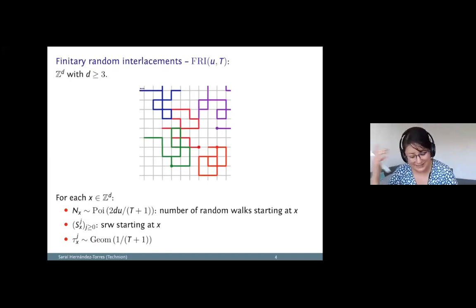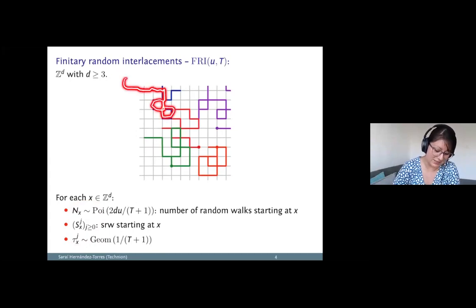And everything is very nice, except for a very annoying detail. Let's say that I just want to know how my finitary random interlacement looks on a box. And I say, okay, well, I will just grow my random walk paths from each vertex. But it may happen that I have some path coming from far.